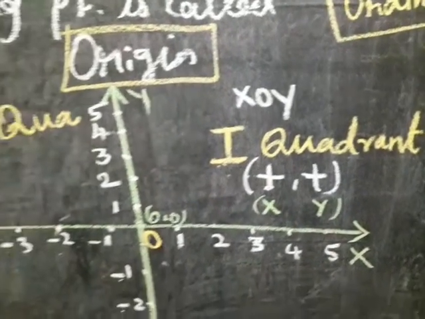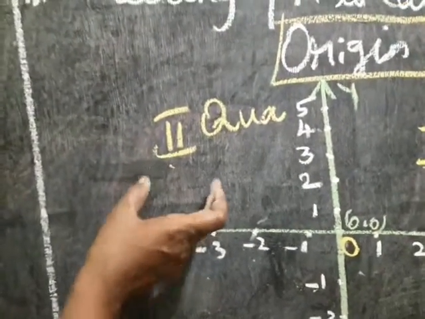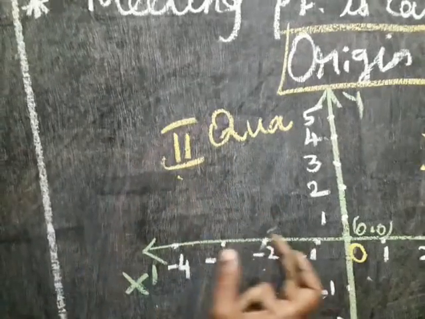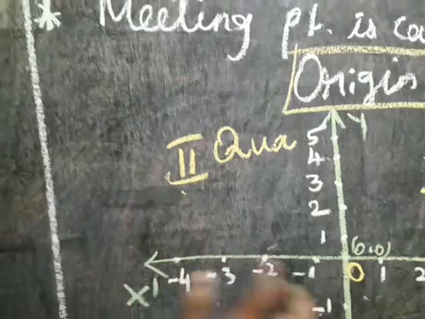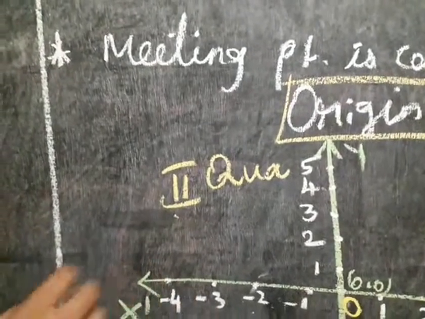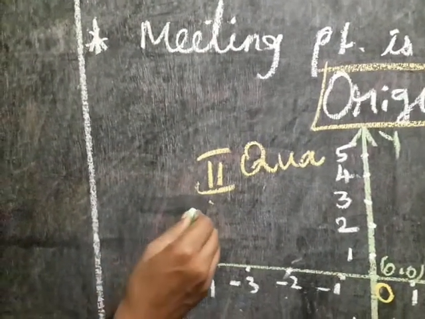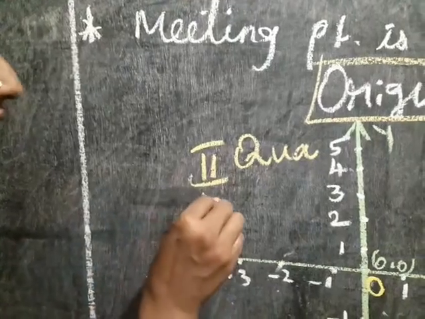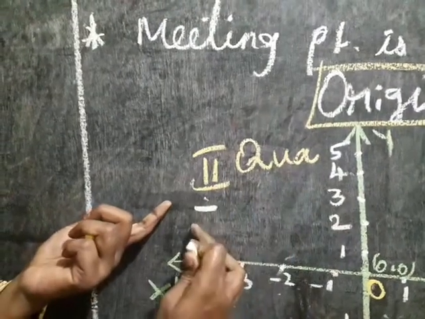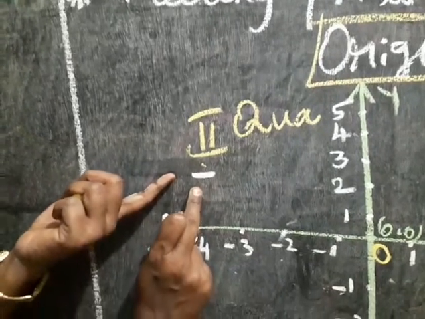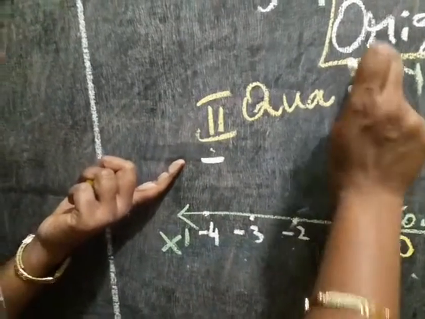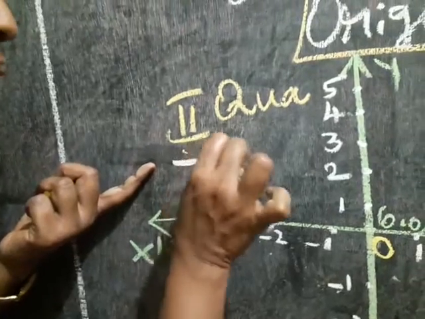Okay, and then the next quadrant, the second quadrant. How to write the sign? See the x value. First we have to consider the x coordinate. So the x coordinate value is negative, so you have to write the negative sign. In the second quadrant, the x coordinate value is negative, the y coordinate value is positive.